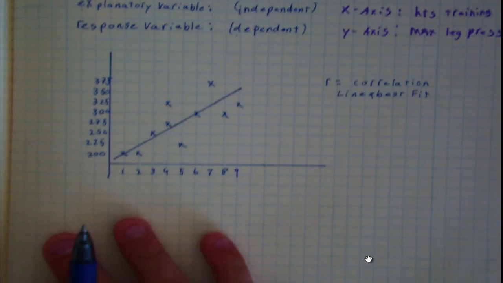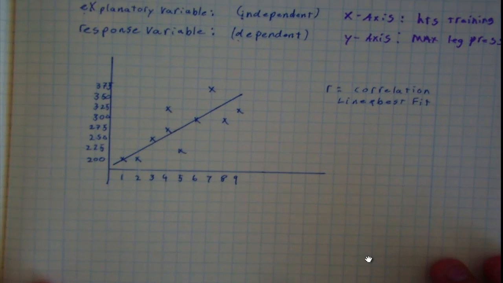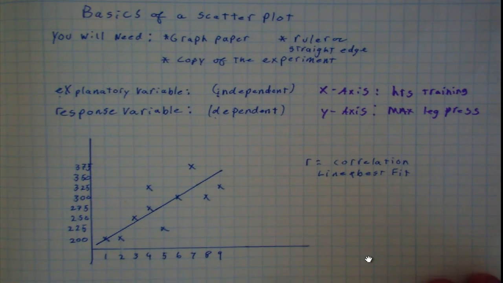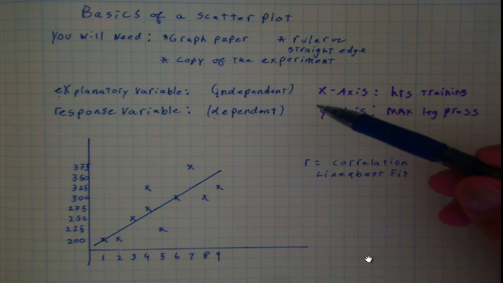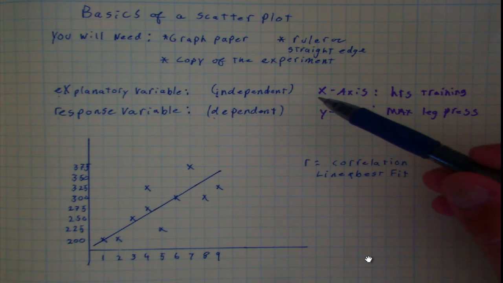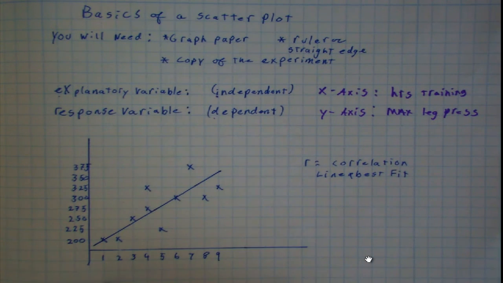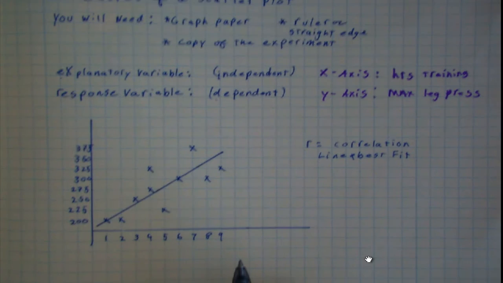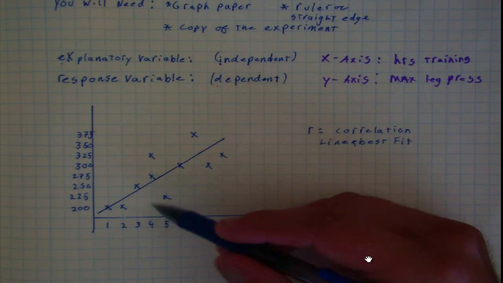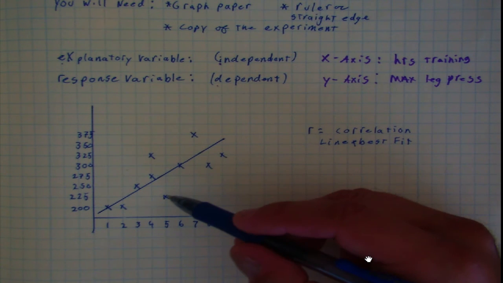So let's review what you learned today. You just learned the basics of the scatter plot. You learned how to read an experiment, figure out what the explanatory variable is, what the response variable is. Then you graphed it, and when you graphed it, you found out that when you put all your points on there, they're scattered. But there is a general trend to these.